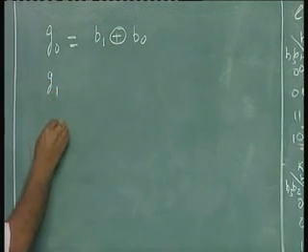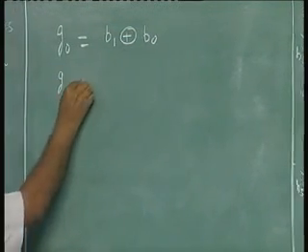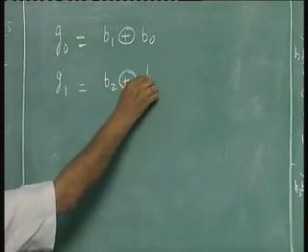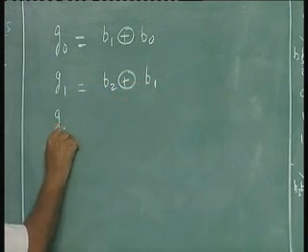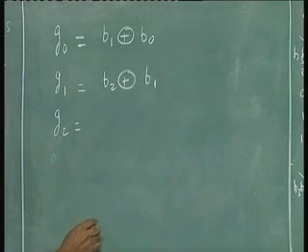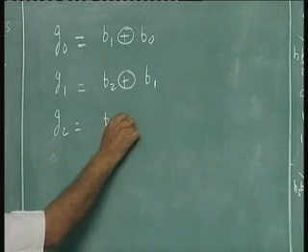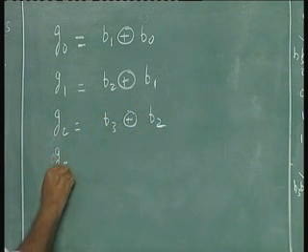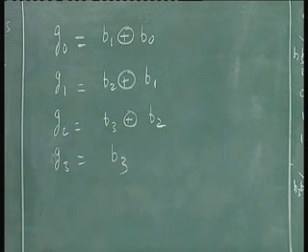G1 would be B2 exclusive or B1. It's very simple. G2 would be B3 exclusive or B2. And G3 is same as B3, as you can see.